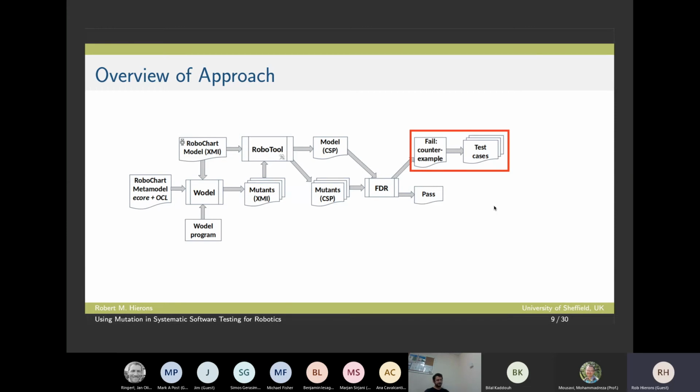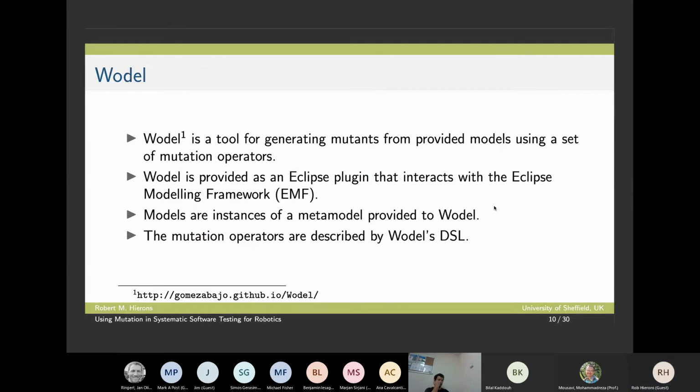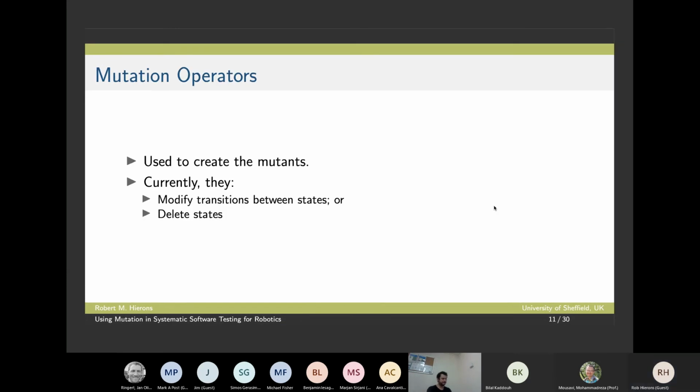So at the core of this are a set of tools that allow automation. As mentioned, Wodl is a language, a domain-specific language, and a tool for generating mutants. At the core is a meta model, and it can be applied to any language that has a meta model. And then the operator is defined using a domain-specific language.